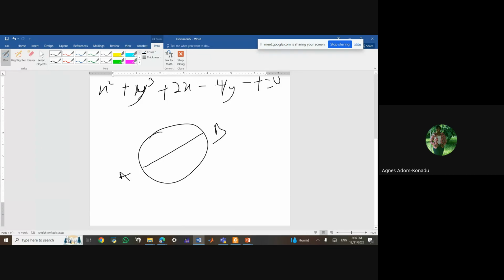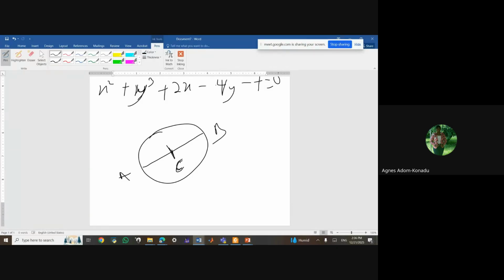Then we know that when I have A and B, I can find the midpoint. And we know how to find the midpoint, right? And the midpoint will be the center. I just taught you how to find the midpoint of a given line segment. So you find the midpoint, which will be your center.